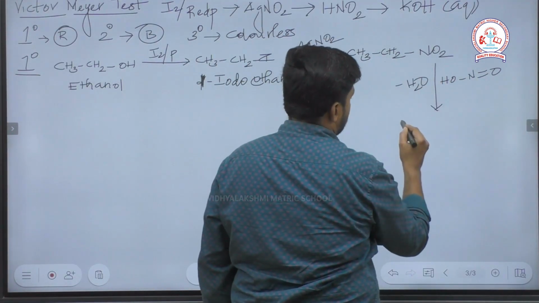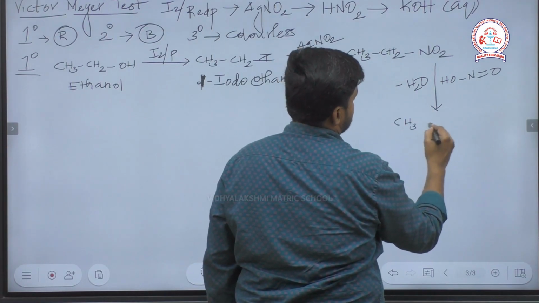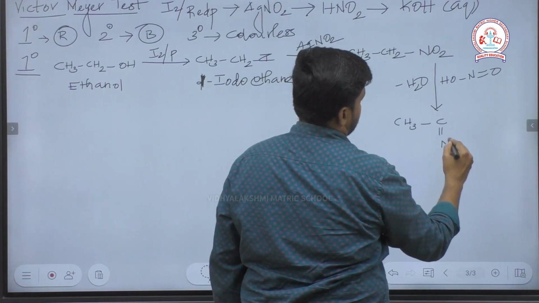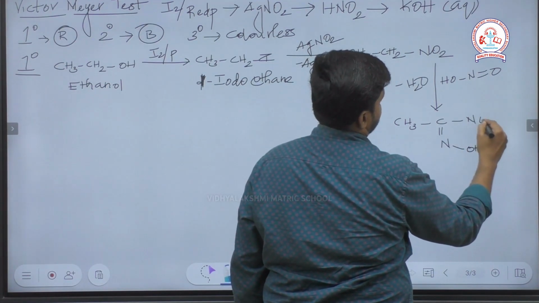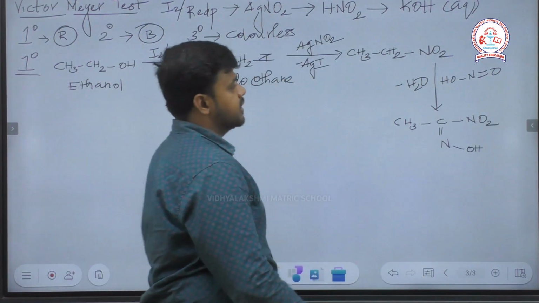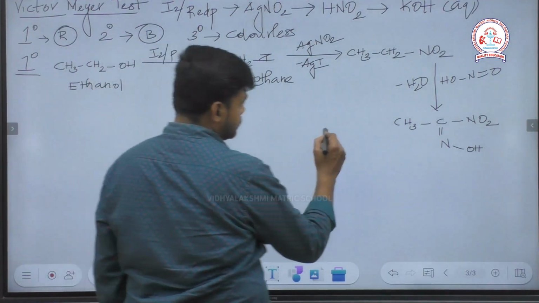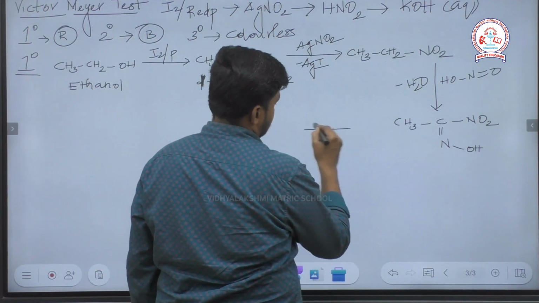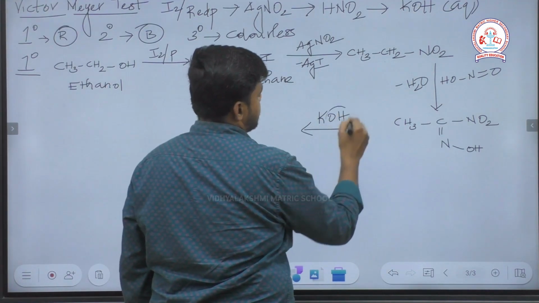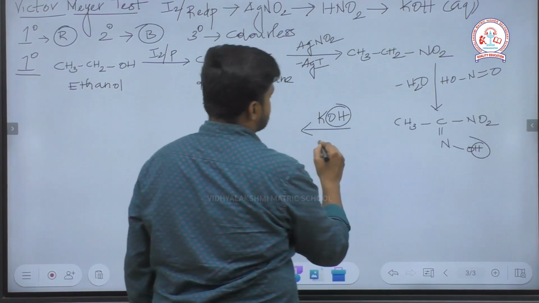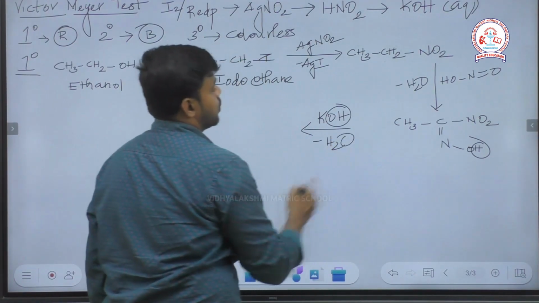So nitrogen will form a bond there, CH3, C double bond N, here it is OH, and here it is NO2. Then followed by the reaction with KOH. This OH will take up this H and goes as H2O.